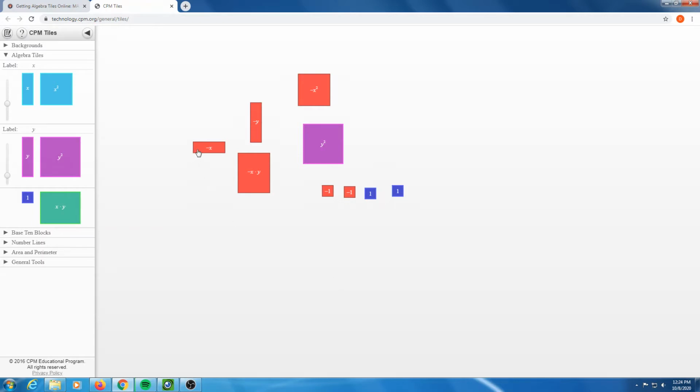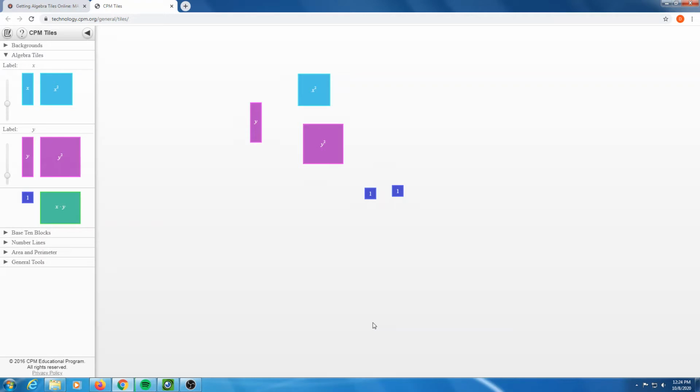Okay, and then click them once again, and they become their positive selves. And then you've also seen me, if I want to get rid of a tile, I just drag it back to where it came from, right over here. And that's how you delete tiles if you don't want tiles on your page anymore. So that's how you take care of these tiles. So hopefully that gives you some idea of how these things work.